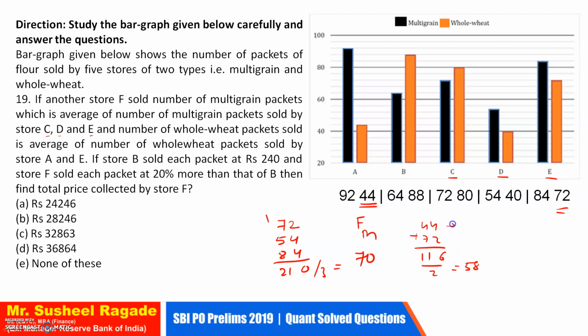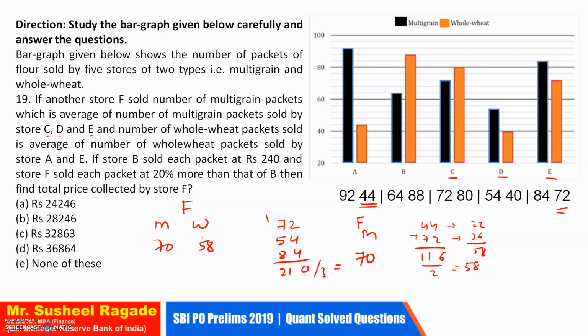Or you can directly halve it, 22 and 36, that is 58. So for store F, multigrain is 70 and whole wheat is 58.